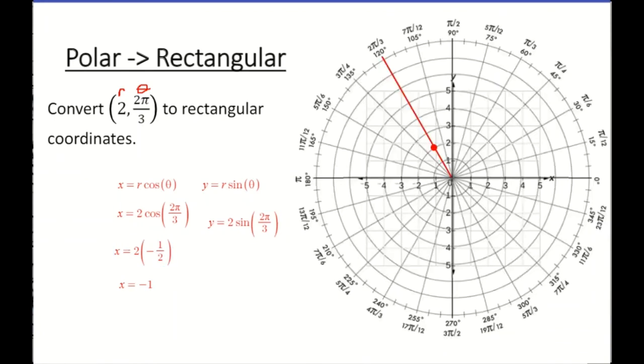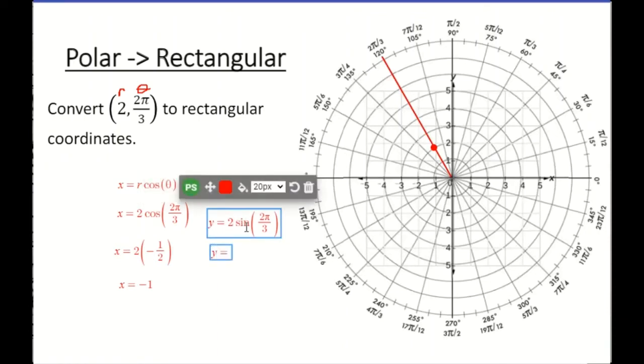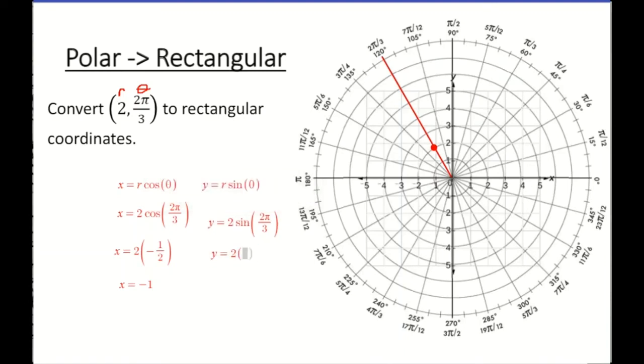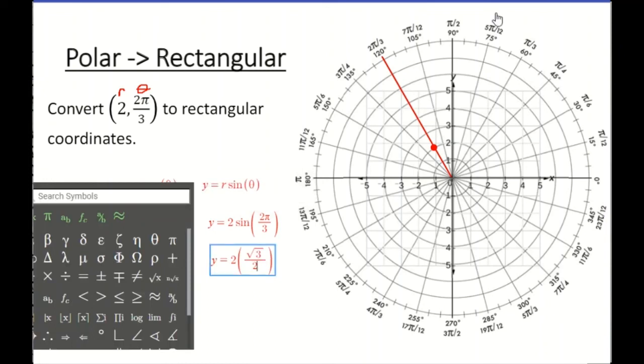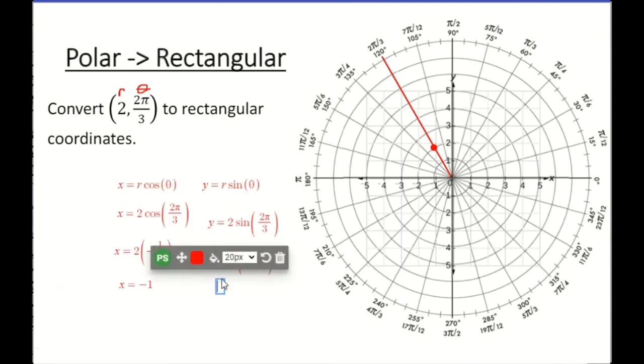So I'm going to hide that again. √3 over 2. So we've got 2 times √3 over 2. When I multiply 2 times √3 over 2, the 2's cancel out, and so I just get y equals √3. So it's -1, √3.